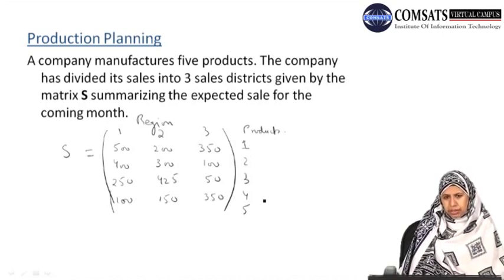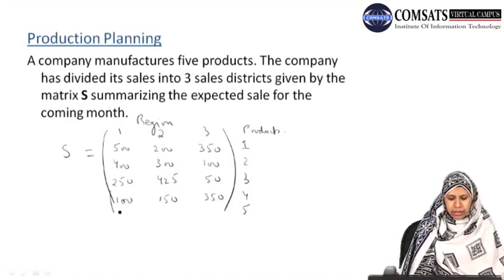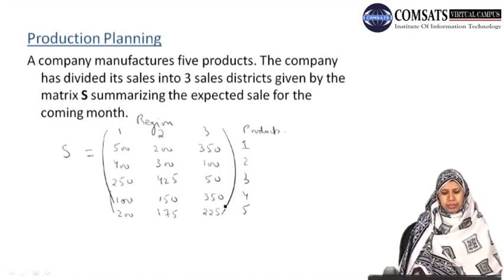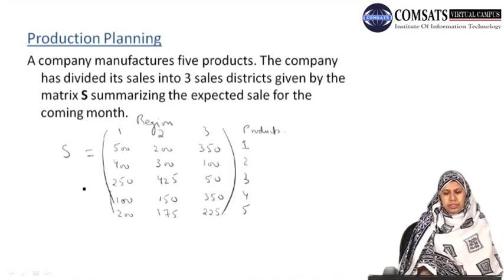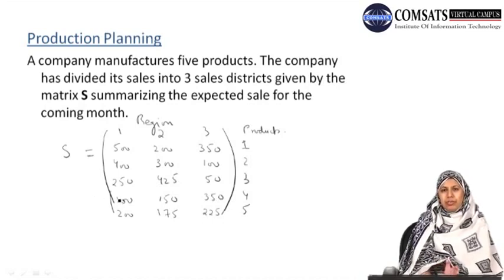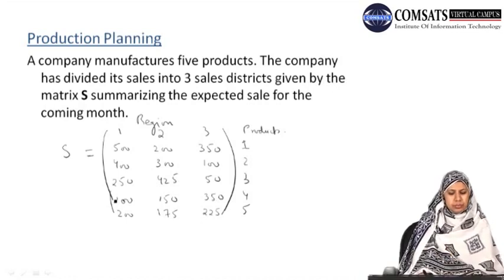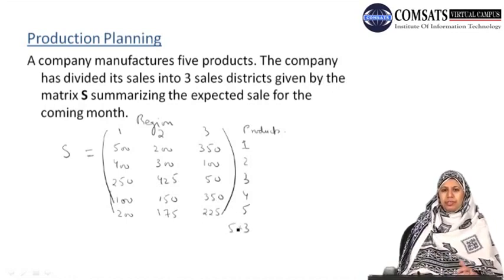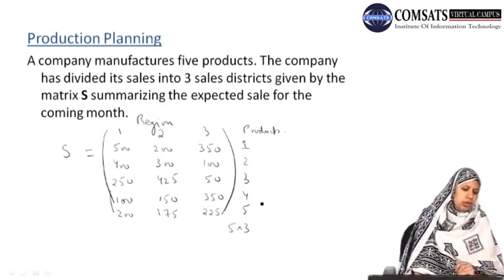And lastly, the expected sale of the product 5 in region 1 is given as 200 units, in region 2 as 175 units, and in region 3 as 225 units. So this matrix tells us about the information of the expected sale of each product in each region. And this is a matrix of order 5 by 3. That is, we have 5 rows and 3 columns.